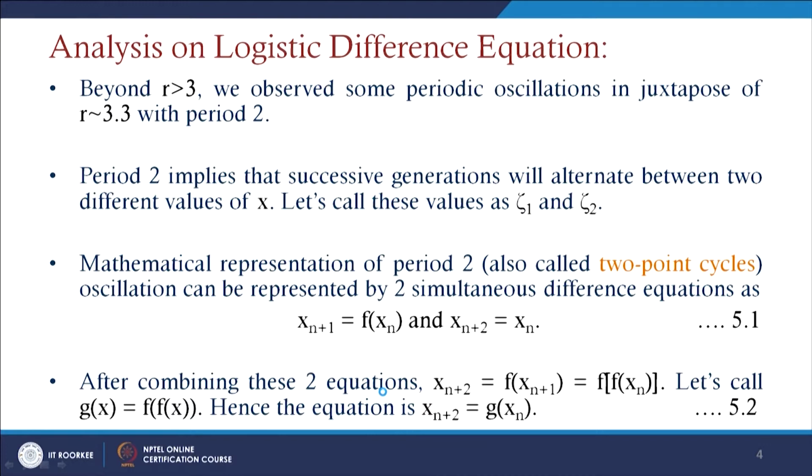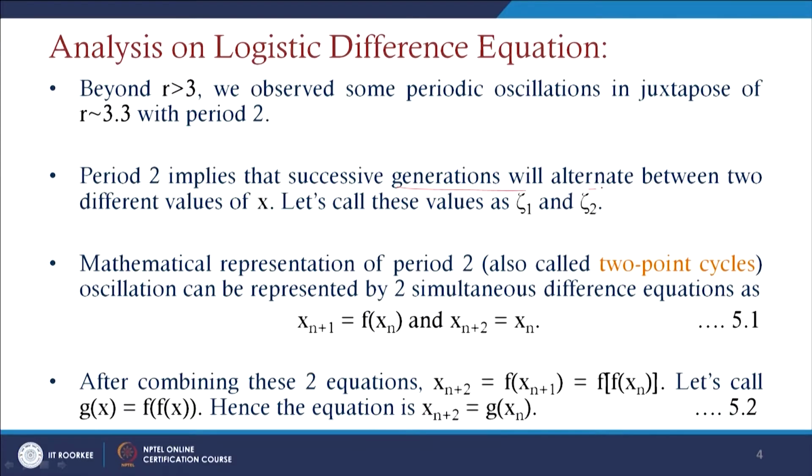This means that in very close neighborhoods we find oscillations with period 2, and period 2 implies that successive generations will alternate between two different values of x, and let us call these values zeta 1 and zeta 2.